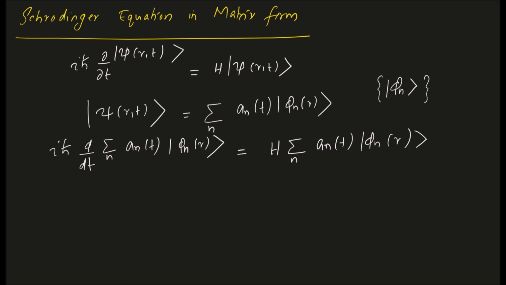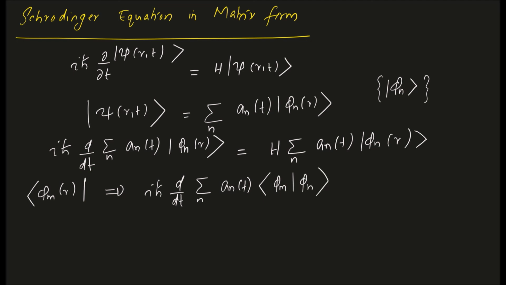Now let's multiply with bra phi m(r) on both sides. Then this will give us i h cross d by dt of the summation over n of a_n(t) <phi m|phi n>, and on the right hand side we have the summation over n.